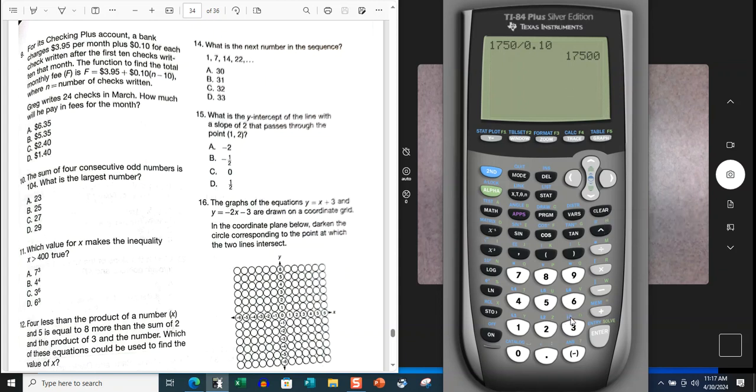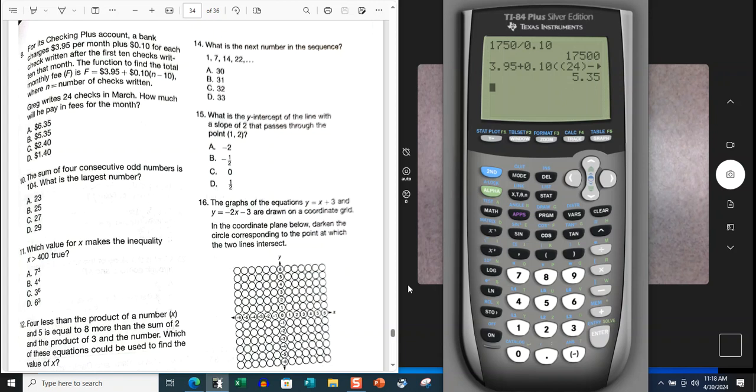So we'll type in 3.95 plus 0.10, and then you'll hit the open parenthesis key, and then n is 24. So we'll put in 24, and remember, whatever we substitute in, we put in a parenthesis, minus 10, and then close the parenthesis, and press enter. So the answer is $5.35, which would be B. So number 9 is B.